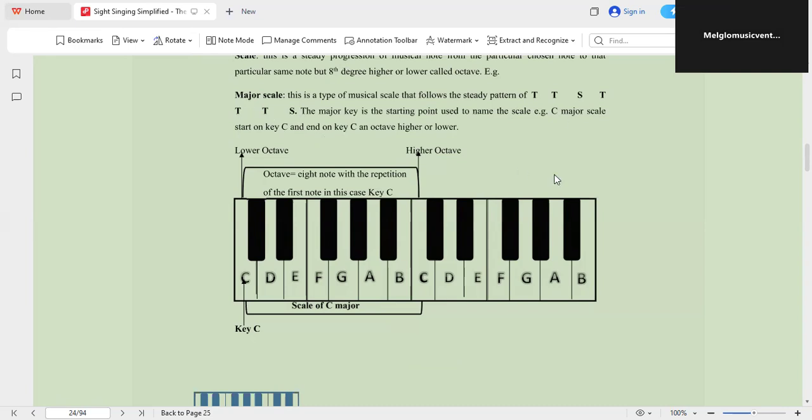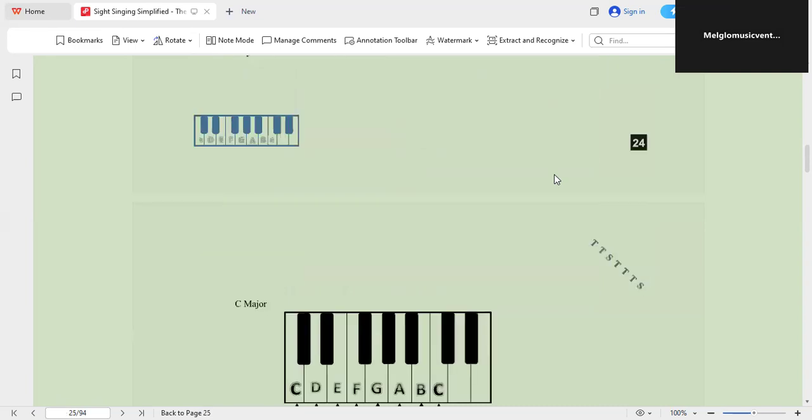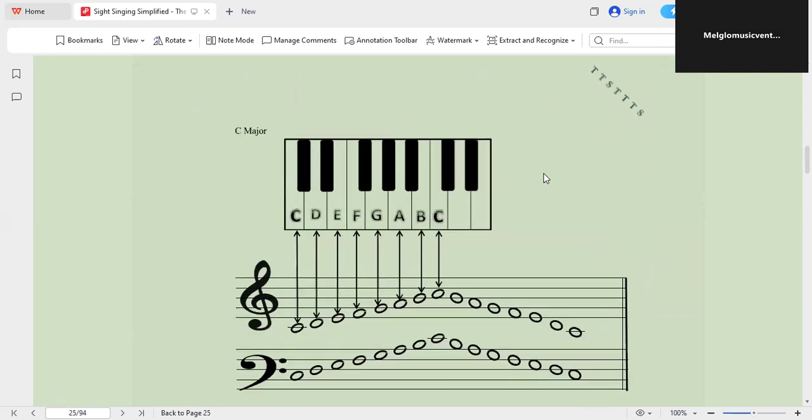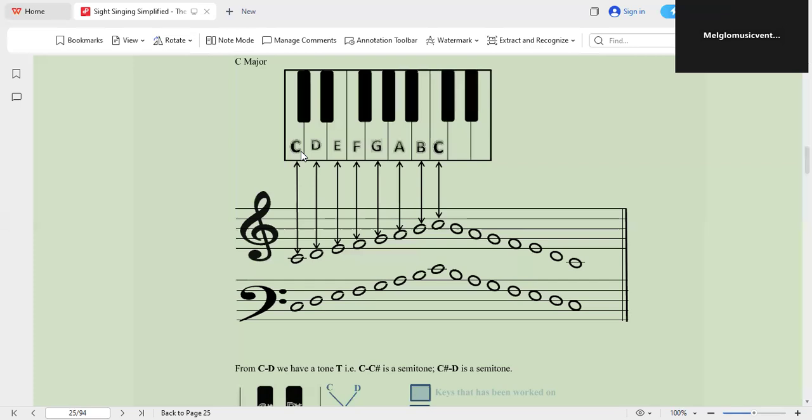So we're going to be going properly into the keys today, majoring on the white keys, C, D, E, F, G, A, B, C. We're going to be starting with the C major scale. See, this is the representation on the staff and on the keyboard.